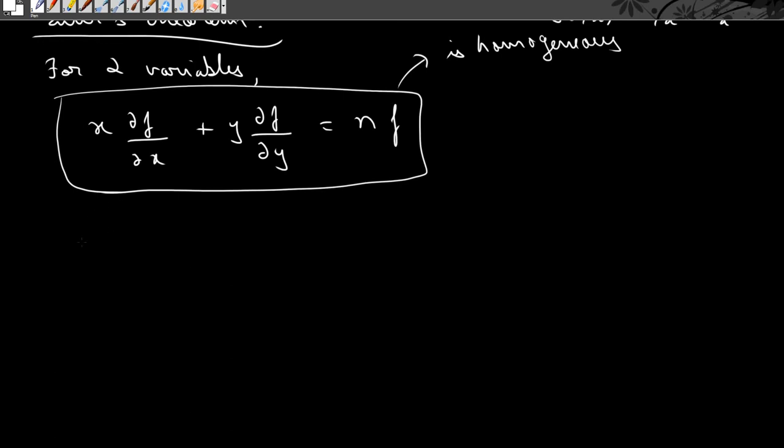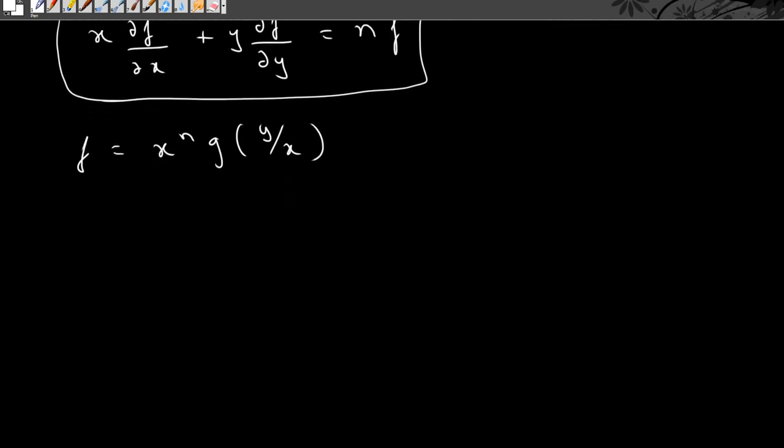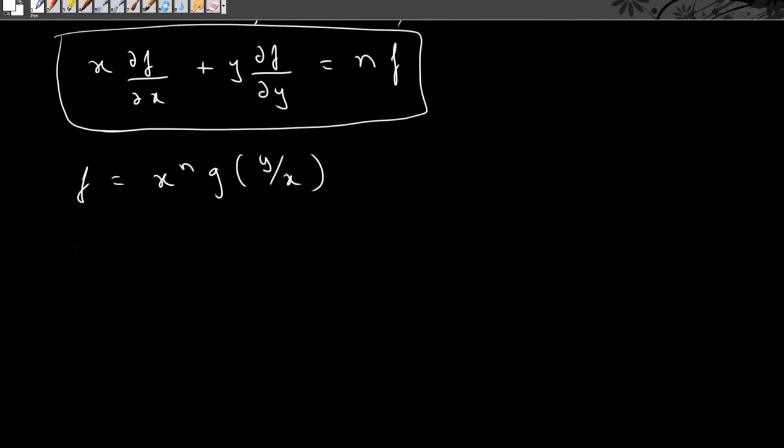Okay, so let us write the function f as x power n times g of y by x. This is allowed by the definition of a homogeneous function.